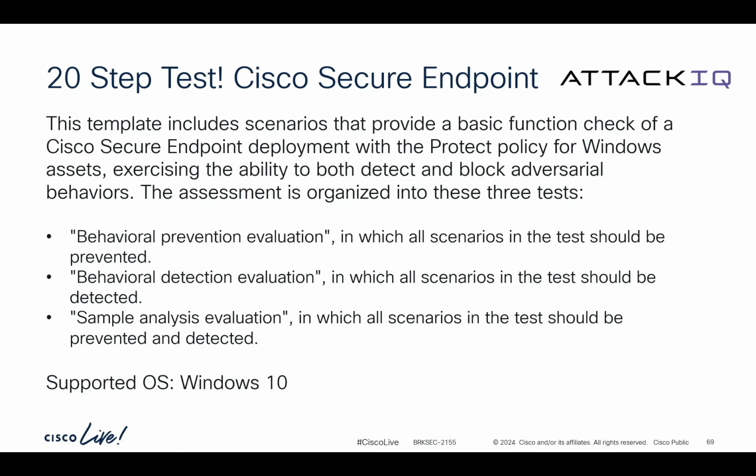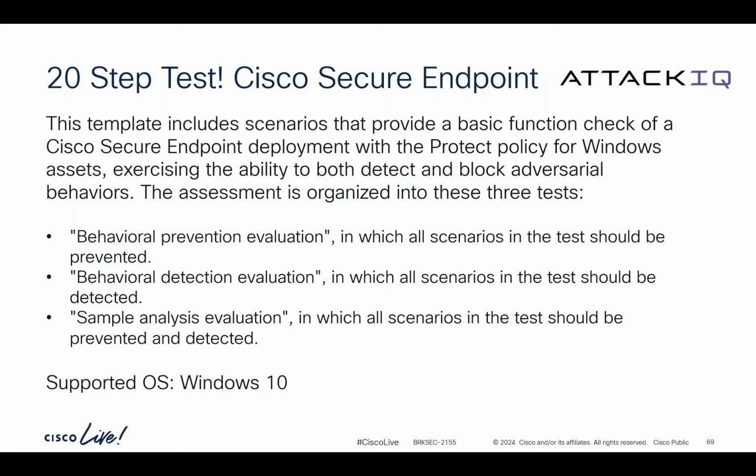Then we have behavioral detection evaluation, in which all scenarios in the test should be detected. And then sample analysis evaluation, in which all scenarios in the test should be prevented and detected. Now, the supporting operating system is Windows 10 for this particular test.